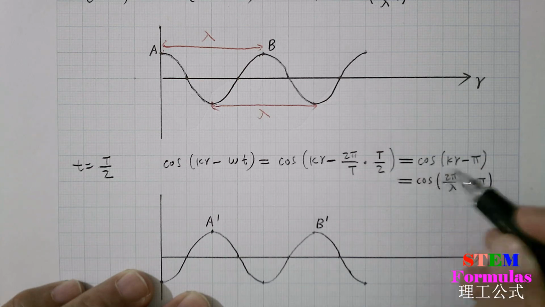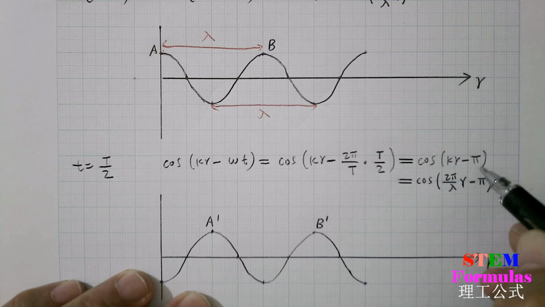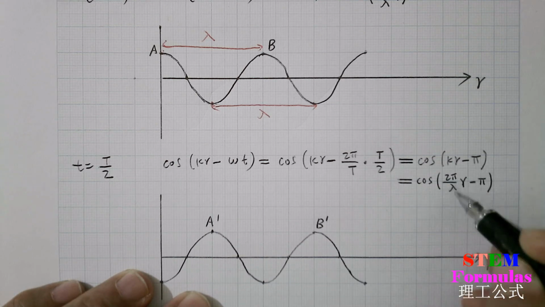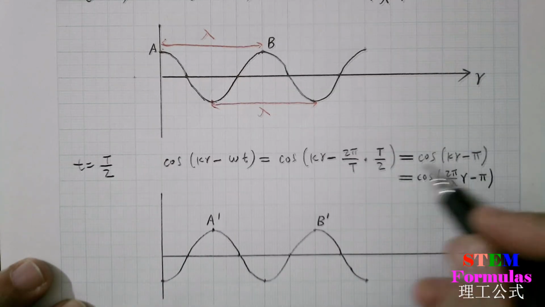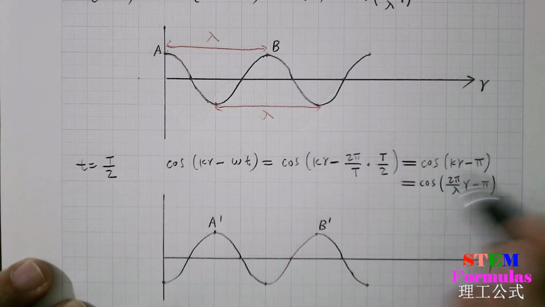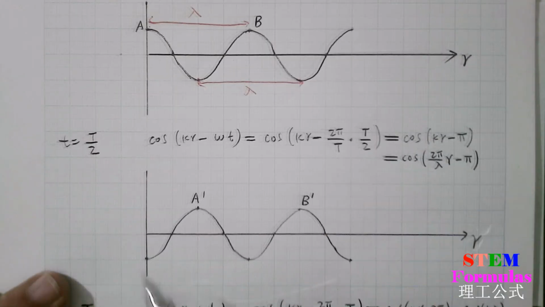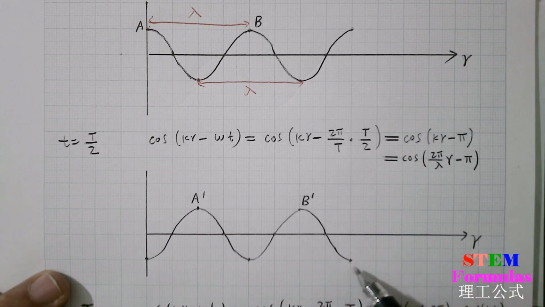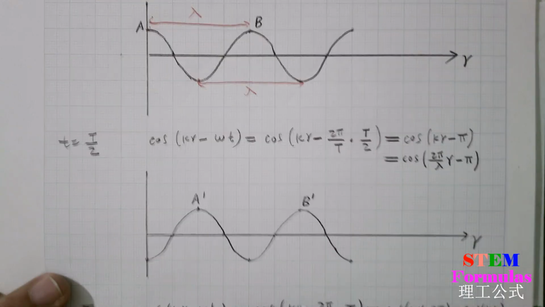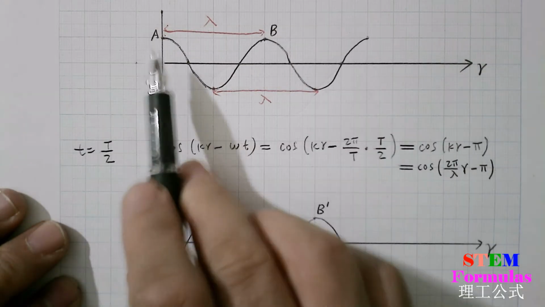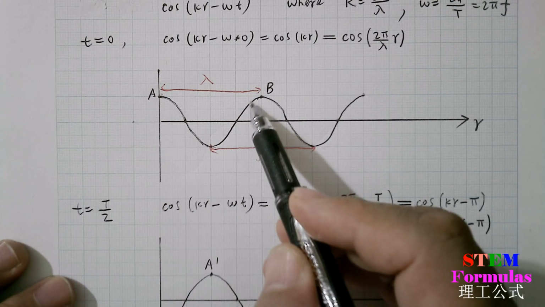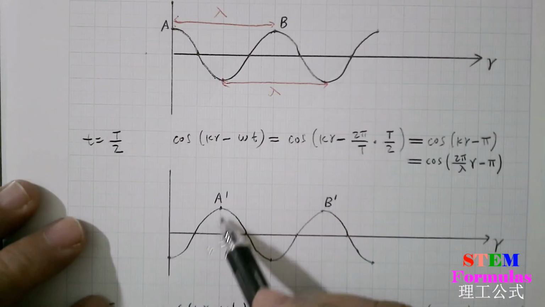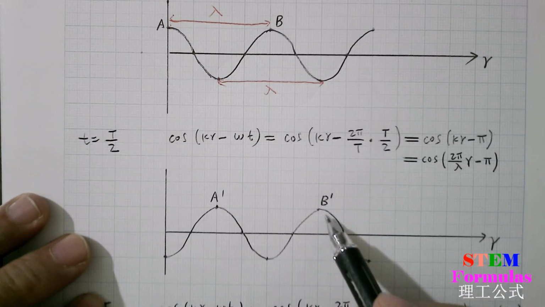So then I get cosine k r minus pi, also equal to cosine 2 pi divided by lambda times r minus pi. Now, if I plot this function, I will have this curve. You see, the wave is moving to the right. This is point A and point B, so I have here A prime and B prime.